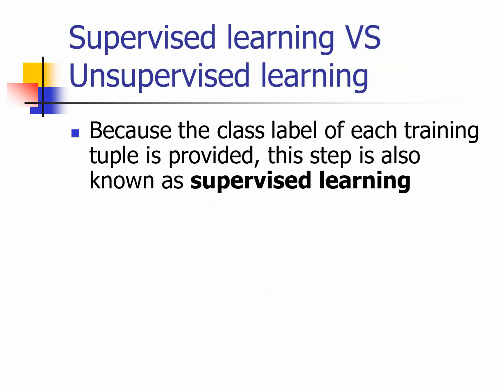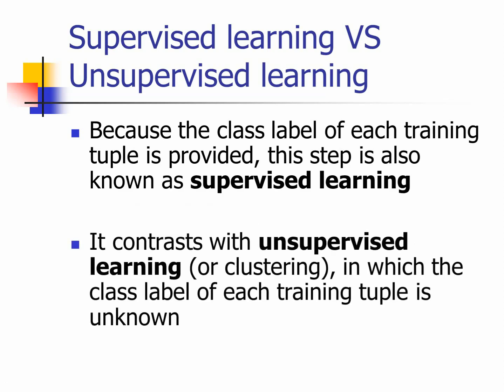Because the class label of each training tuple is provided, like we see, the professors are tenured or not. That is what we call a class label. And therefore, building a model based on a class label is what we call supervised learning, because we are supervised, knowing the results already. Compared with that, if you don't have a label, and you want to work with the data without a label, then that is transforming the problem into what we call unsupervised learning.